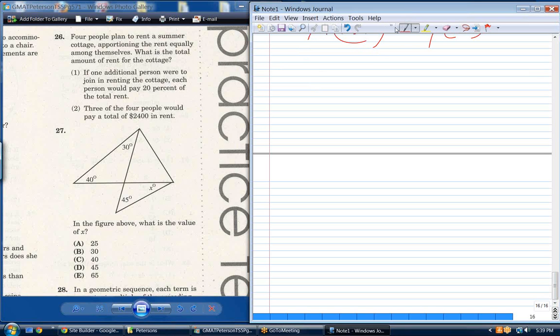Am I missing something? If each of them has to pay equally, and 3 of the 4 people paid $2,400, they each paid $800. So the 4th person would have to pay $800. I forgot about the equally part. Okay. So 2 is a yes.